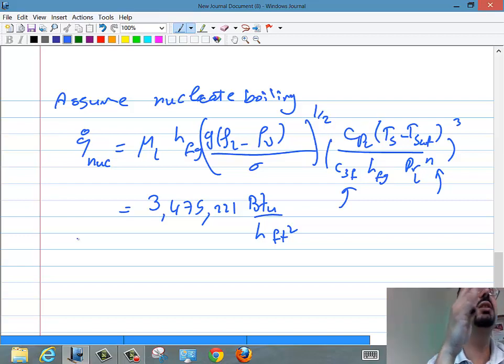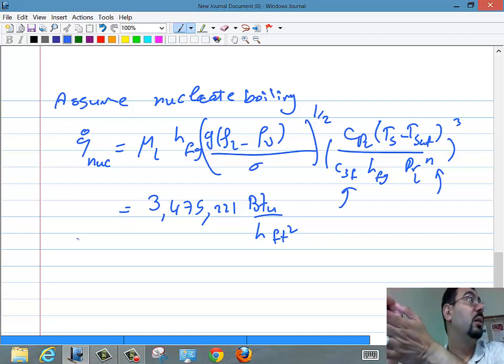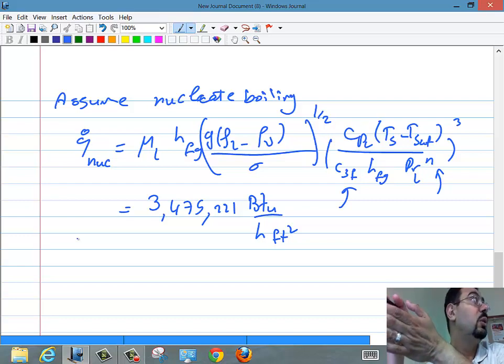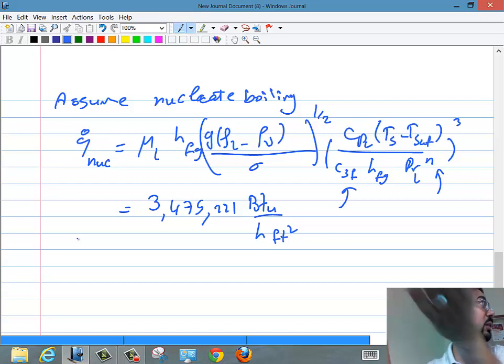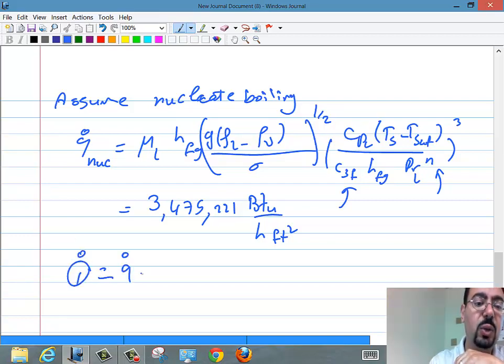Right. So Jose is saying that the joules per second that the heater gives is being converted to latent heat that turns the water into bubbles, right? So the q dot, which is this q dot flux multiplied by the surface area of the heater, is the same as m dot h_fg, right?